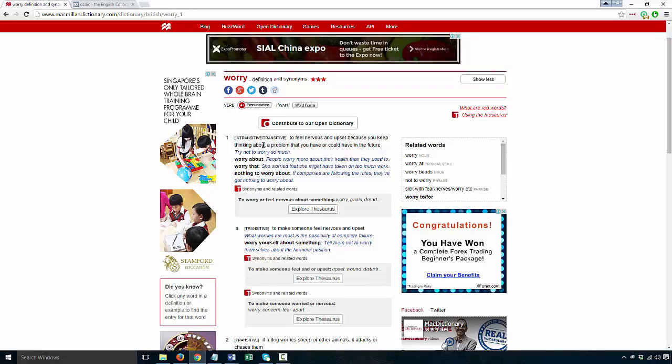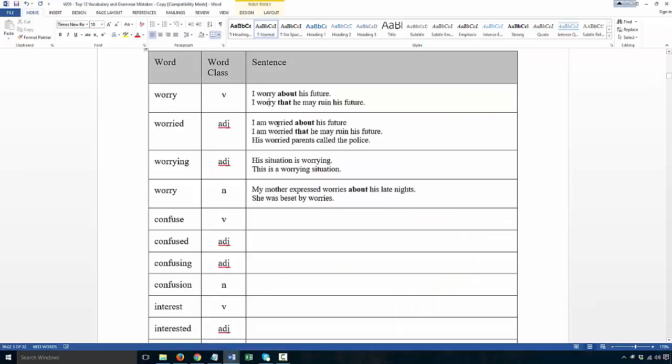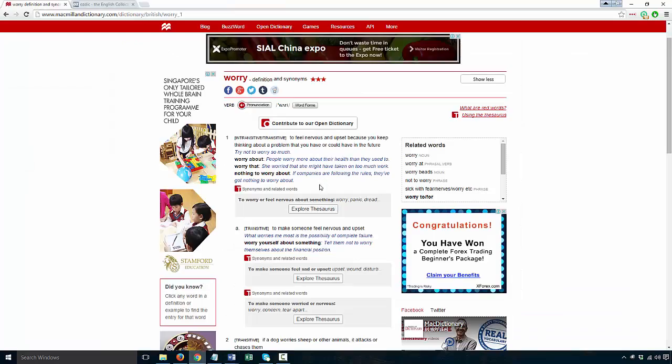So verbs can be transitive or intransitive. When you are using worry in this way, for example, what I used, I worry about, there is no object because we have a preposition, right? So this is used in an intransitive way.